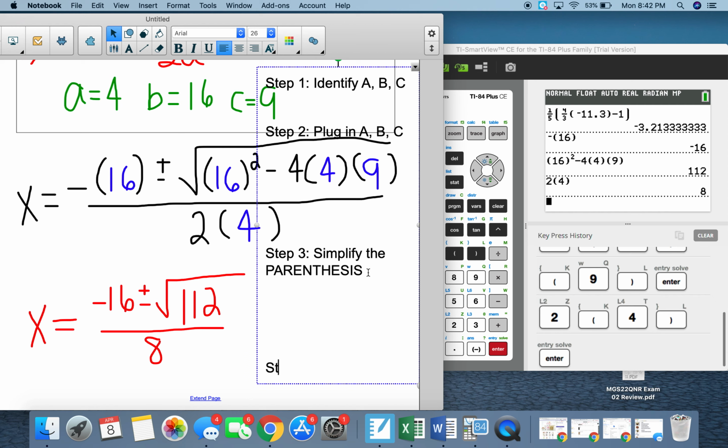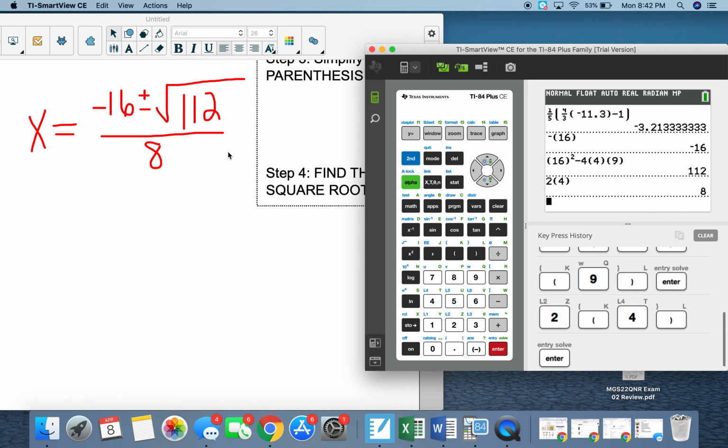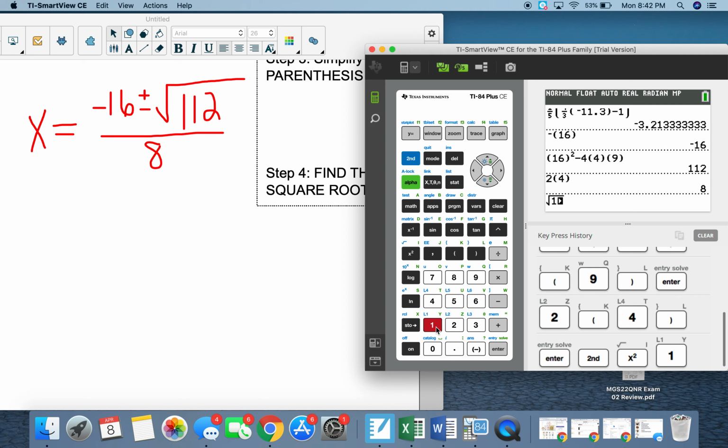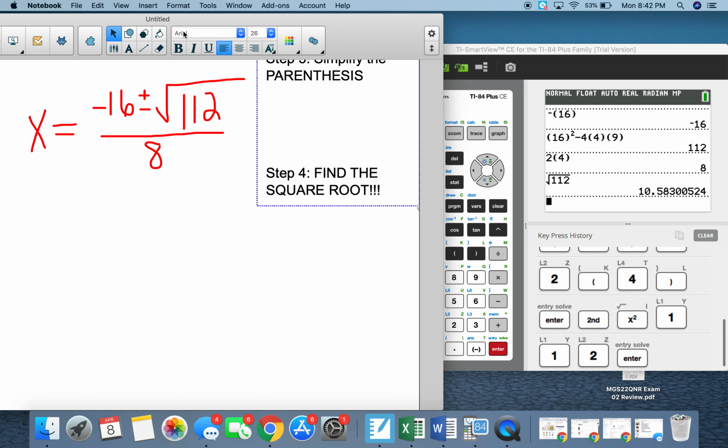Step 4 is going to be find the square root. So we're up to here now. In your calculator, let's find the square root of 112. That's going to be this crazy decimal, and it's okay that we get a decimal because we have a calculator.